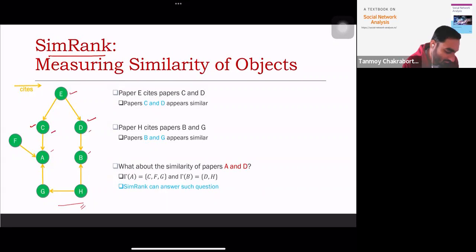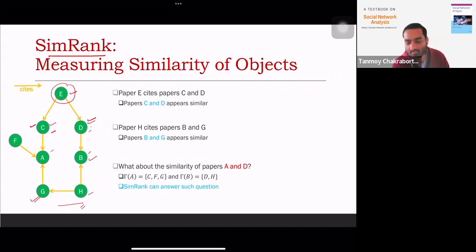So in this citation network, we can say that paper C and paper D are similar because both papers are cited by E. Similarly, paper B and paper G are similar because they are cited by H.